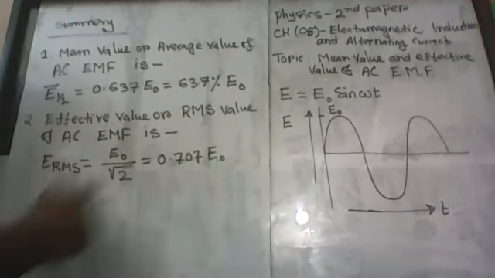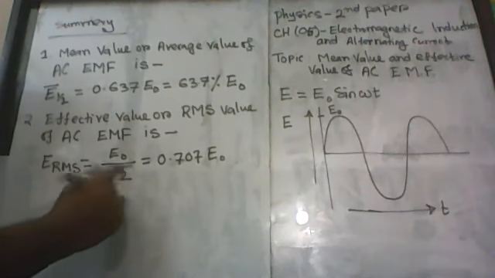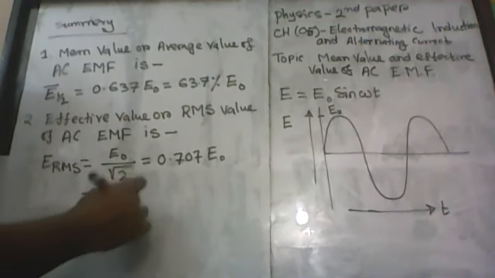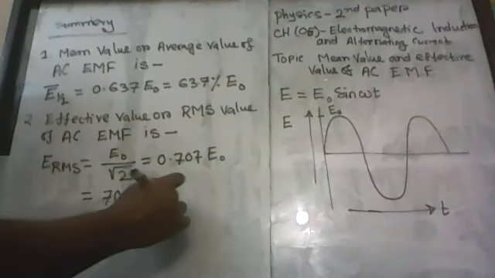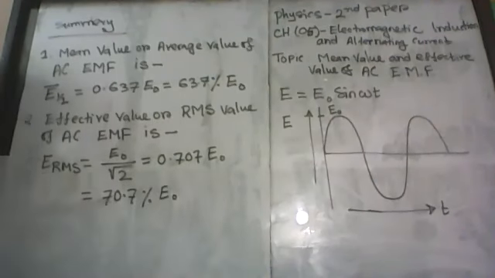It is also 70.7% of E naught. So this is the RMS value of AC electromotive force.